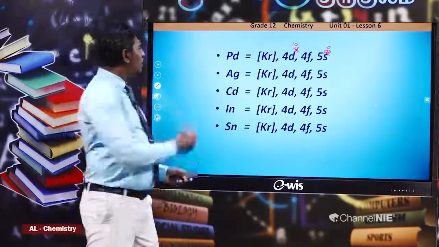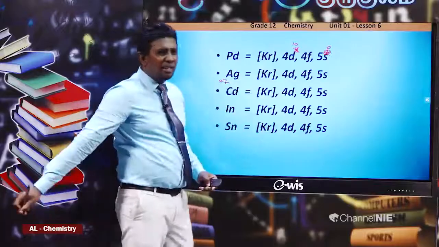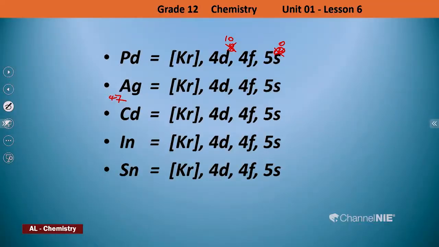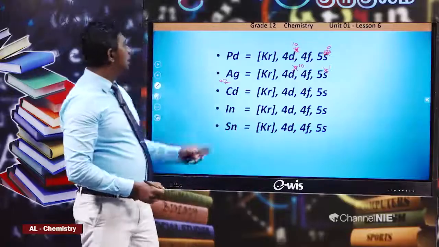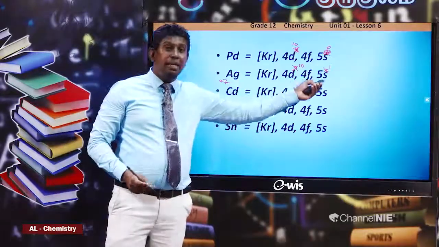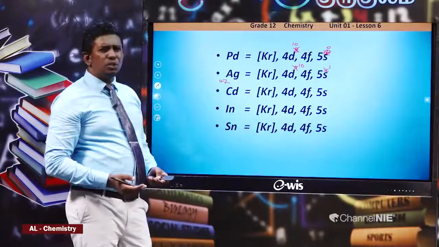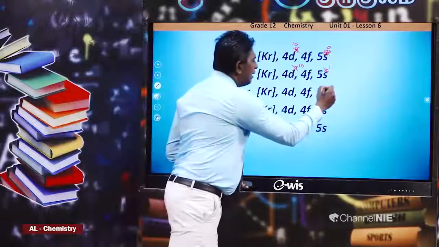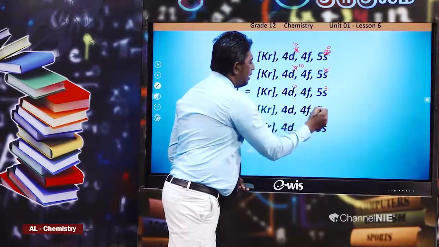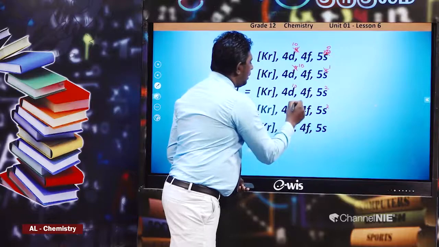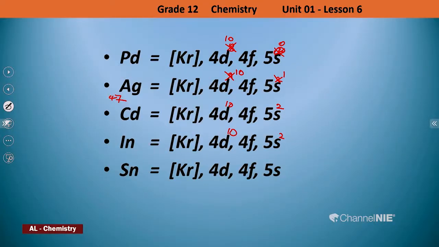But we have already learned regarding the 47th one, it has to be 5s2 4d9, but there would be a rearrangement making 4d10 and 5s1. It's a fully filled d and half-filled s, a special stable electronic configuration. Then students, when you keep filling these, it's 5s2 4d10, and when it is indium, it's 5p1.